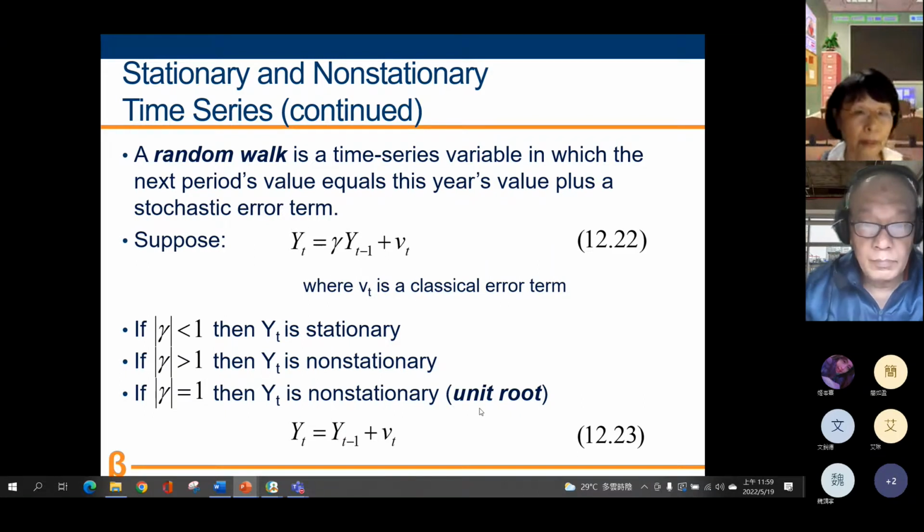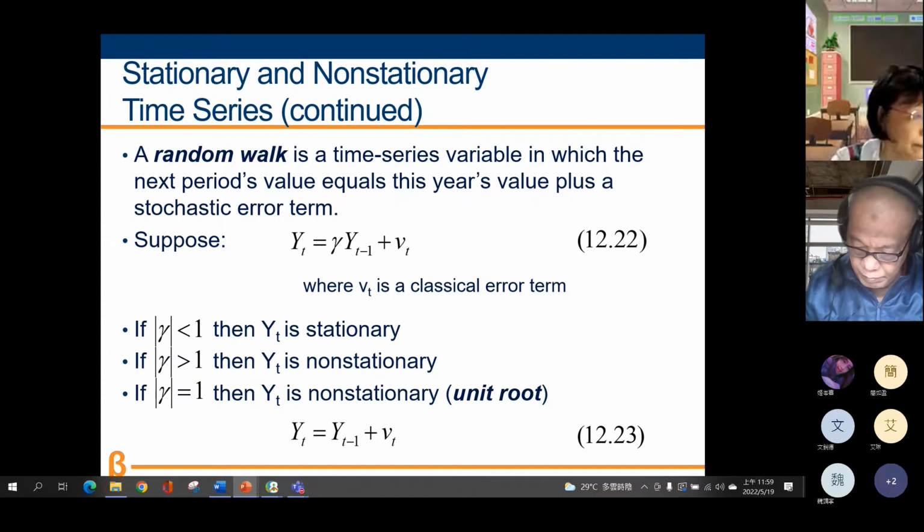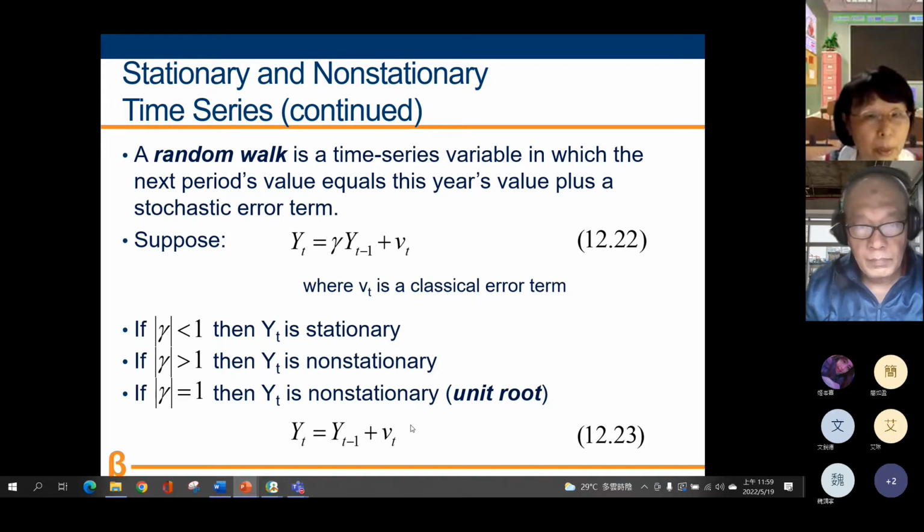In this case, there's a special name called unit root. When gamma equals 1, we call this a random walk.